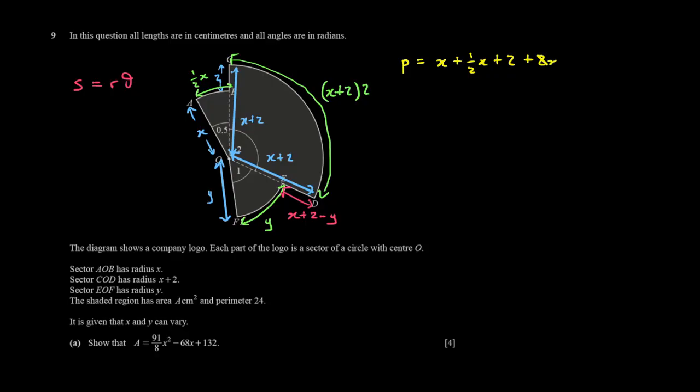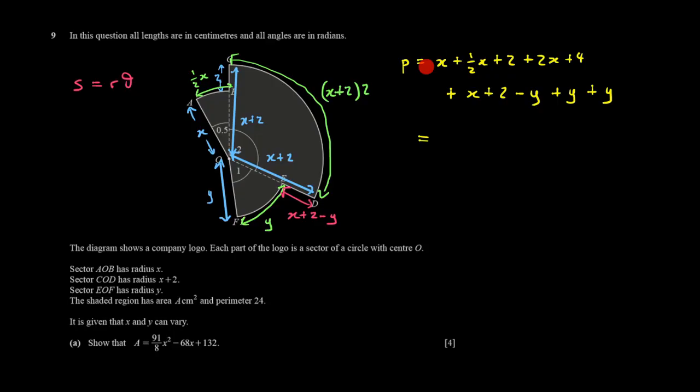So that's going to be 2x plus 4, plus x plus 2 minus y, plus y plus y. So let's try to tidy all of that up.